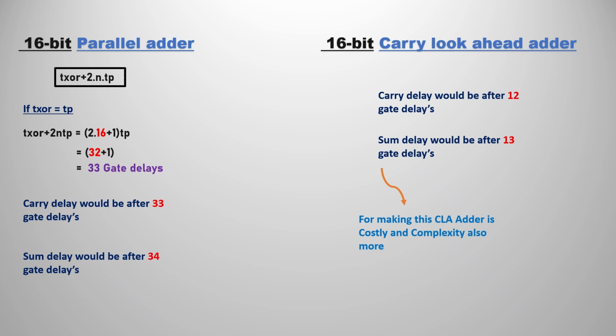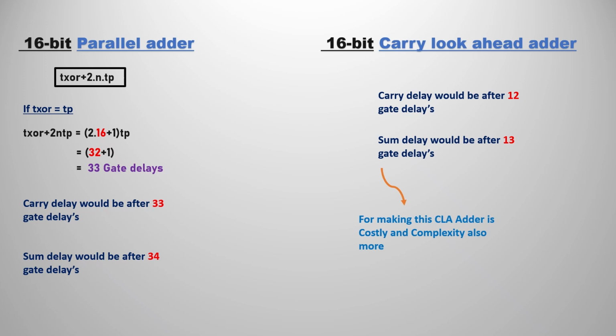So the CLA will work faster, that we have understood, but the main drawback of the CLA, it's not exactly a limitation, is that making a CLA is much more costly. It is very costly and very complex to make these circuits, because for making just the carries, we use many more things.